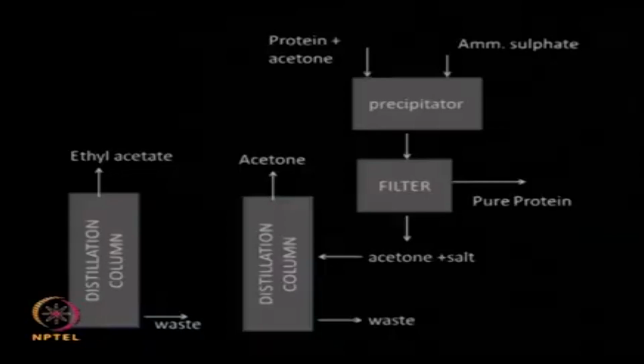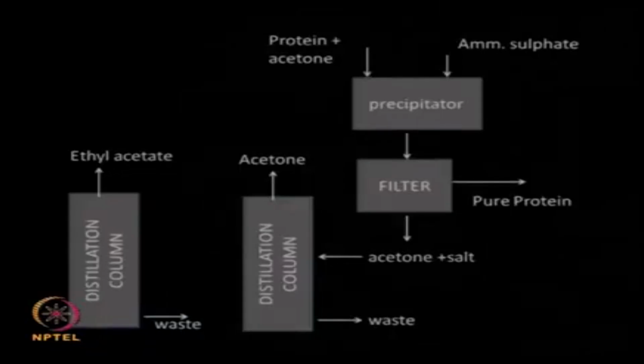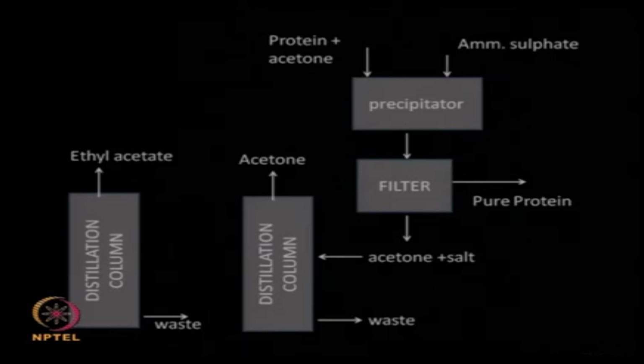So you can make your decision at the end of the complete study, and that is left to you based on several factors which we discussed in the previous 2 or 3 classes: the ease of operations, the amount of waste generated, the amount of solvents you are going to use, the operating cost, the capital cost, the profit you are going to make, and so on.